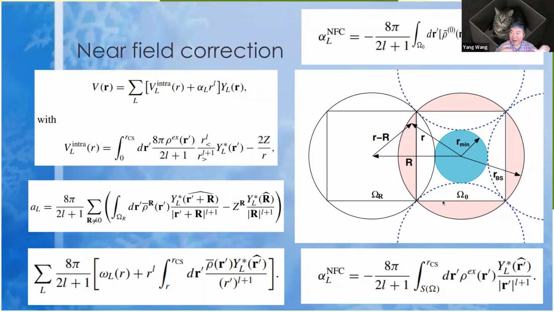But to solve this Poisson equation, they draw a kind of big sphere around each Voronoi polyhedron and use a multipole moment method to solve it. But there's an overlap, so that needs to be corrected. The so-called near field correction tries to correct those overlaps.